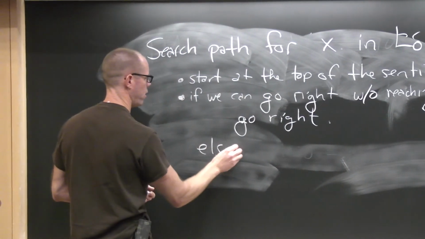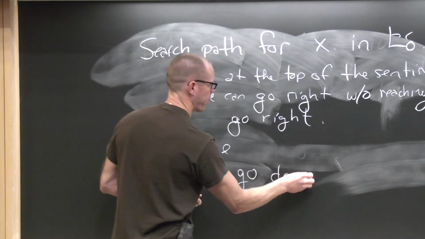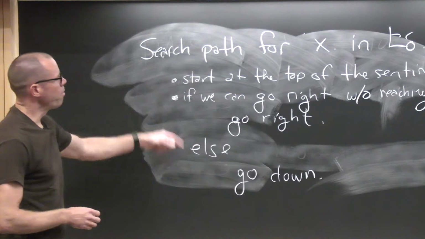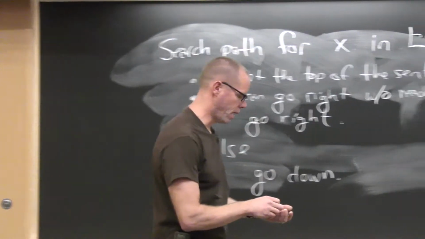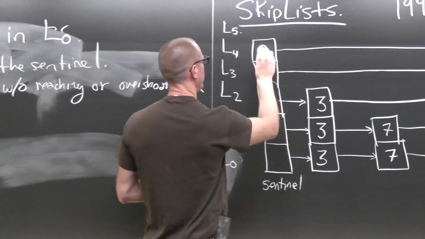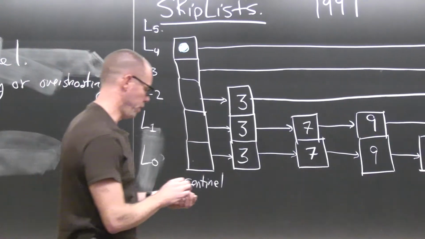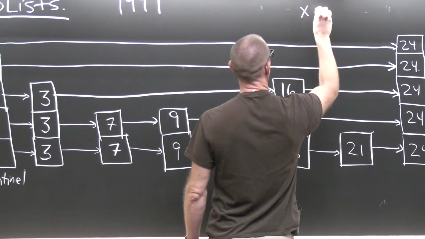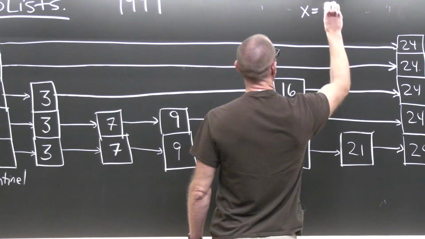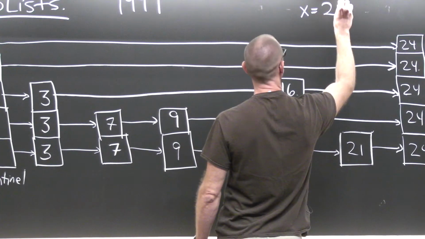Otherwise, we go down. We just repeat this repeatedly. So we start at the top here, and let's take our x to be, I don't know, 21.